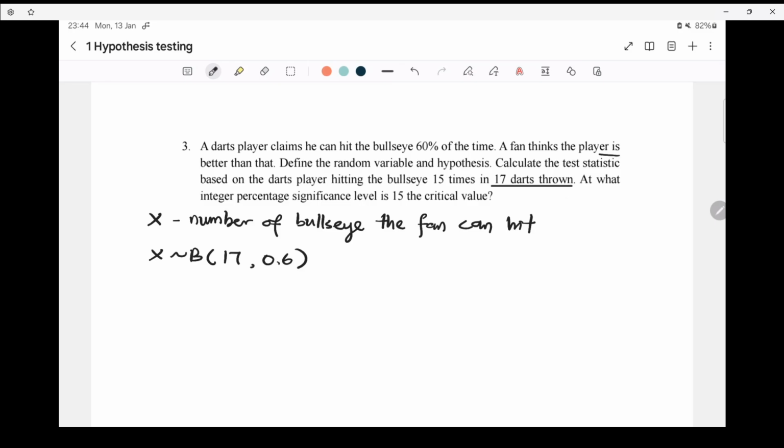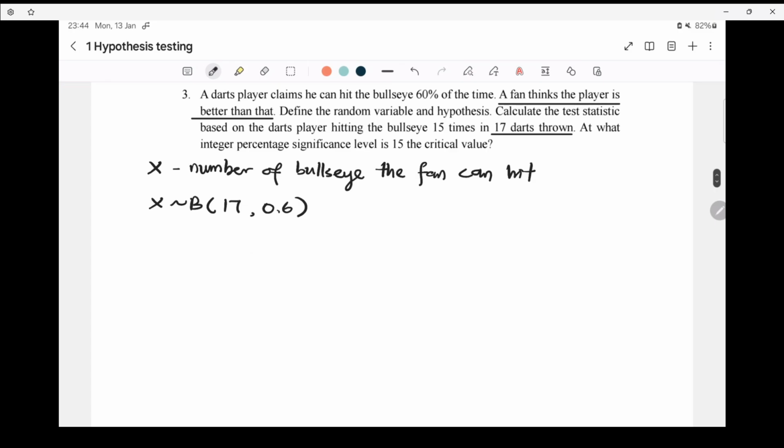So a fan thinks that he can do better than that. So it means that the direction will be towards the right. So when you define your H naught, your probability of success will be equal to 0.6, and your alternative hypothesis will be greater than 0.6.